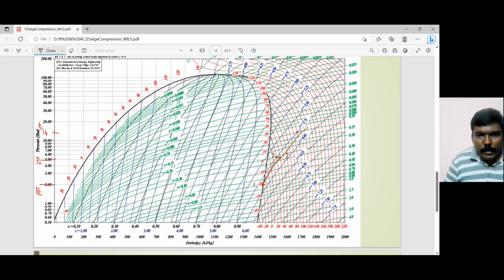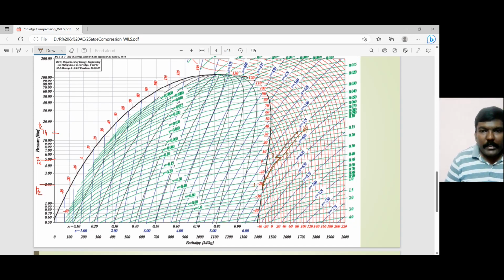Okay, so if I travel along this, sorry about that. So this is my constant entropy line, s equal to 5.75. Travel along that till you reach the 14 bar line. So that is going to be my point number 4.